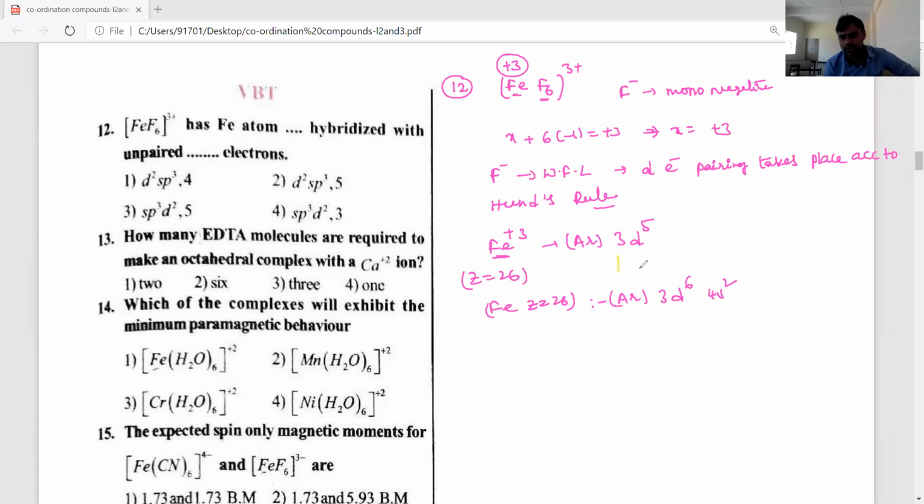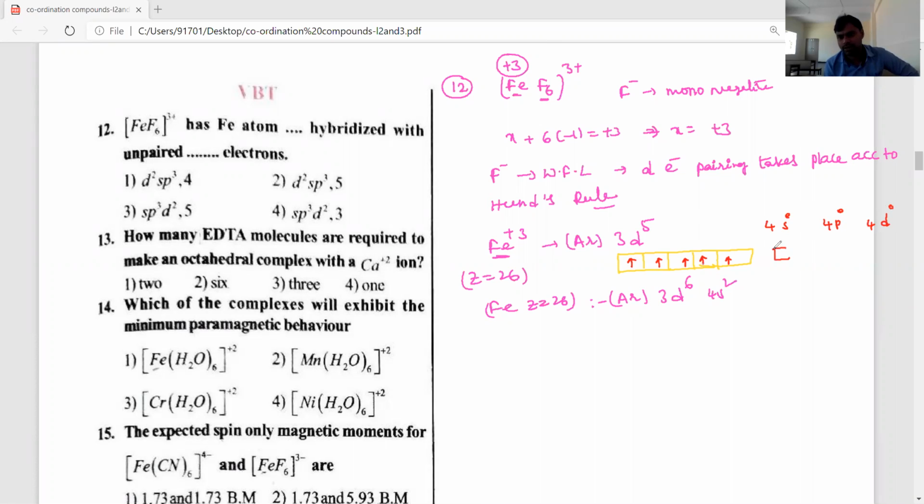According to Hund's rule, what does it mean, dear students? The 3d subshell has 5 d orbitals, so the electrons are filled according to Hund's rule: 5 electrons and 5 degenerate orbitals, each orbital takes 1 electron. So 3d5, then outer 4s0, 4p0 and 4d0.